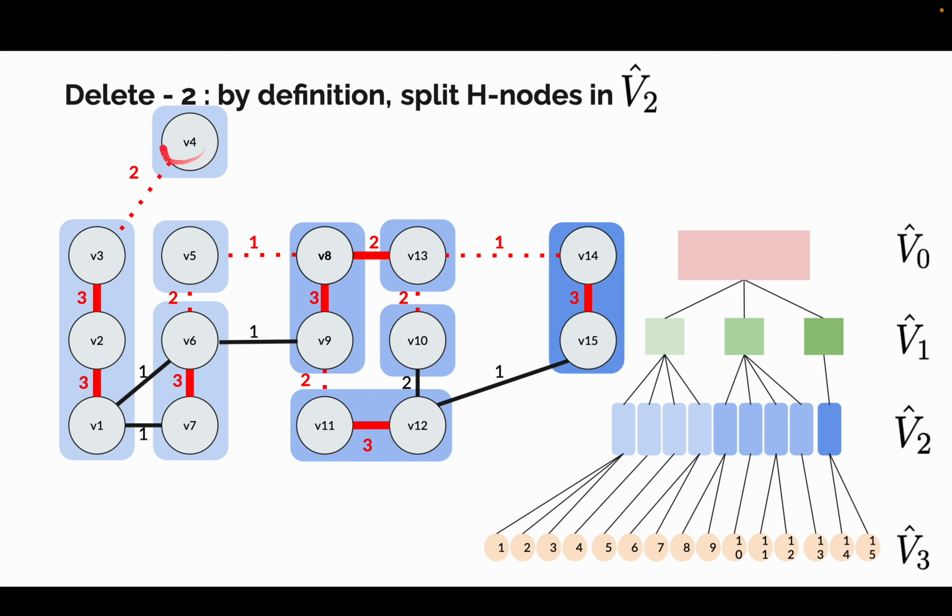V4 has one connected with the edge of depth 2, 2, 3, 4, and V5 has 1, 2, 3. So in this case, CU is this one, and CV is this one. Okay, it has 4 vertices.